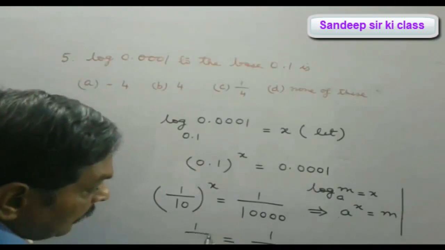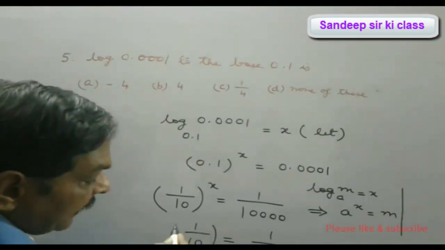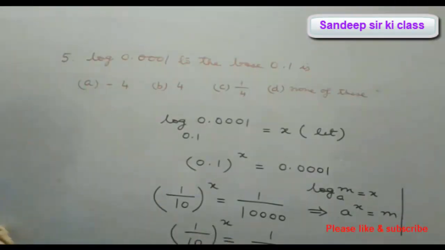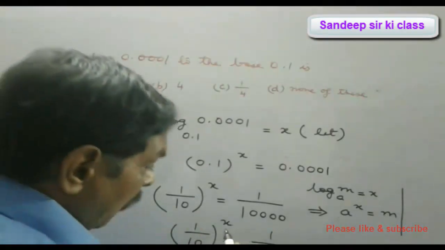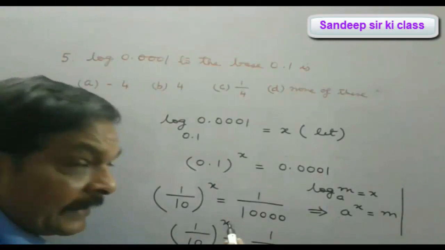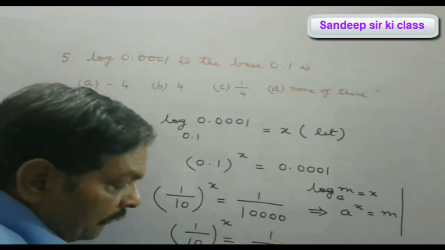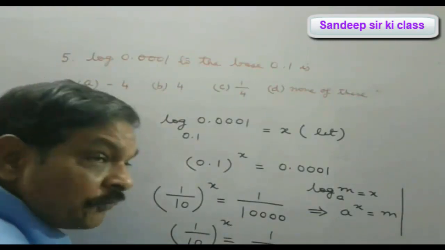So the left hand side is 1 upon 10 raised to the power x. The right side is 1 upon 10 to the power 4. Now the power of 10 in the denominator on the left is x, and the power of 10 in the denominator on the right is 4.